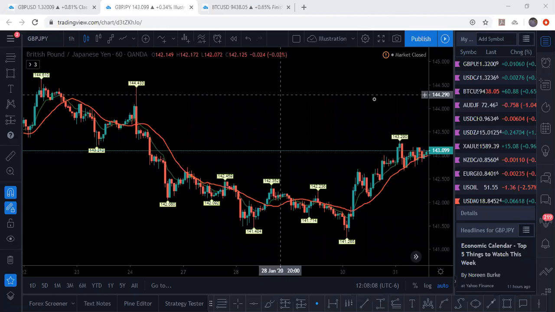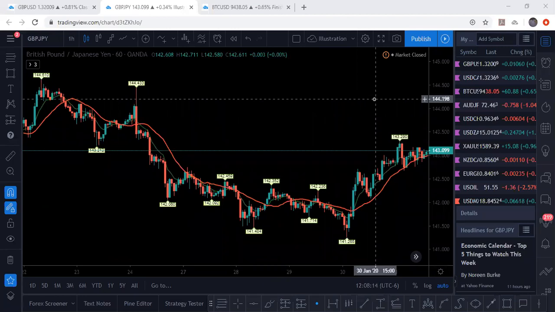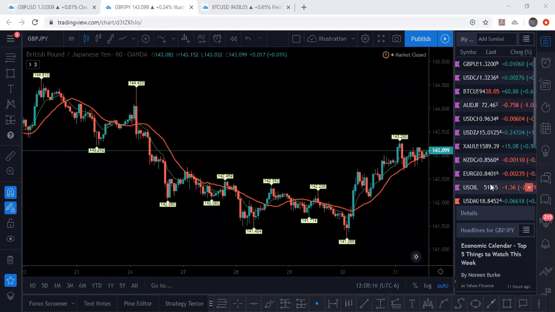What we want to do is to go over real quickly, without taking much of your time, the pairs we're trading this week.